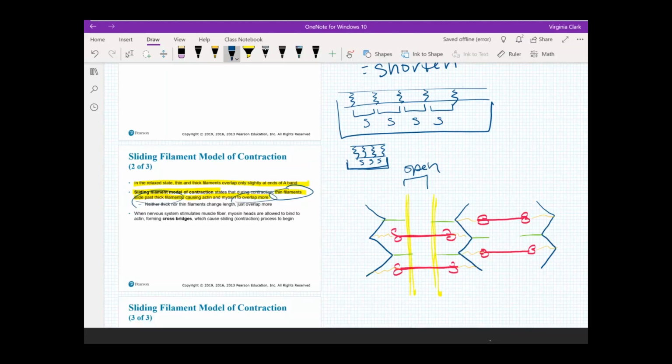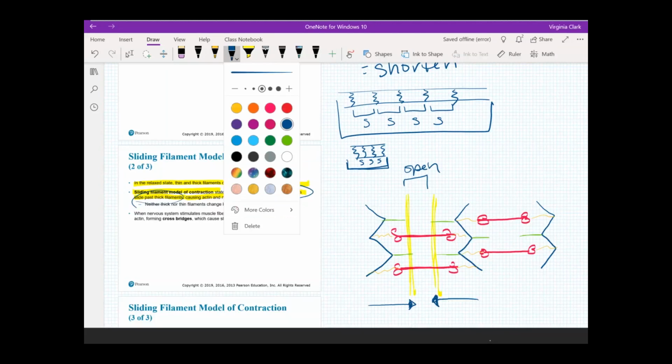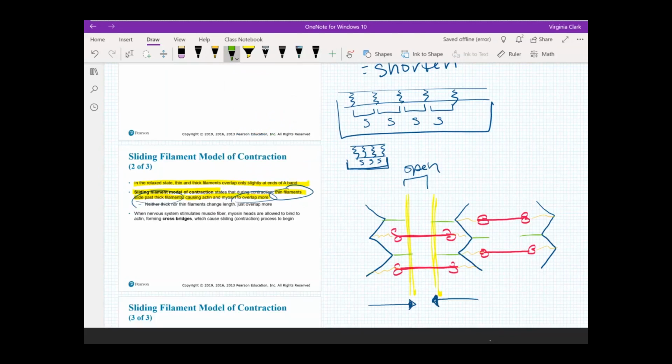So you're going to move your Z disc towards the middle. You're going to move this Z disc towards the middle. And you're going to take right here this line of actin that is not super overlapped at this point, and you are going to make it overlap with the myosin much, much more.